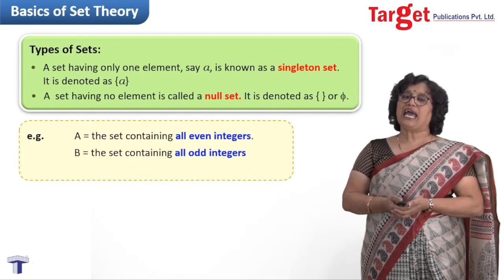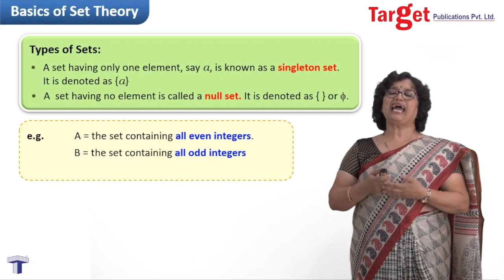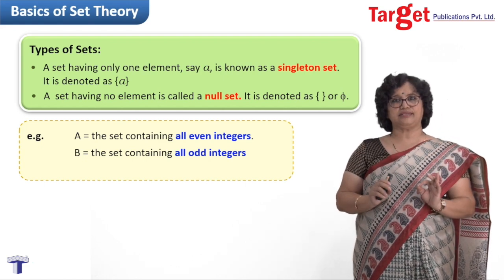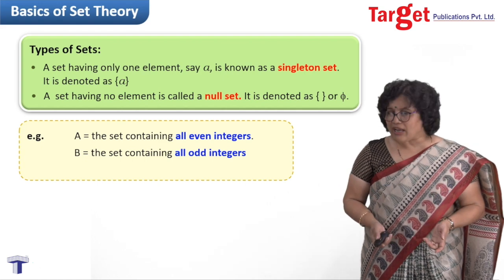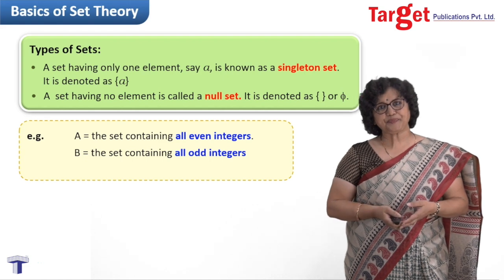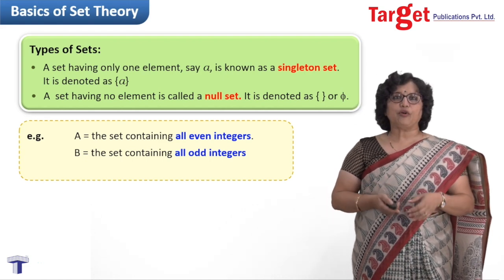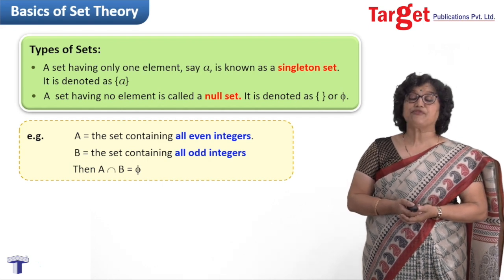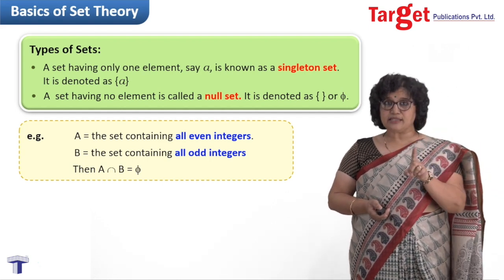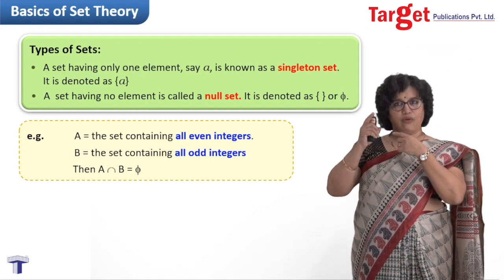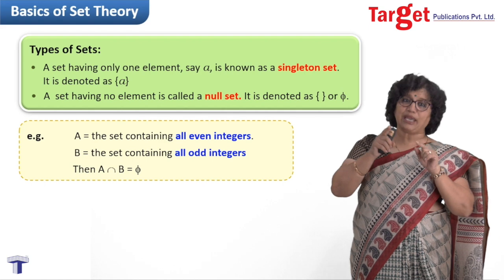So I have given here one example where I have taken set A, which is the set of all even integers, and set B, which I have considered to be the set of all odd integers. Now what would be A intersection B? It is phi, because an even integer cannot be an odd integer and an odd integer cannot be an even integer.